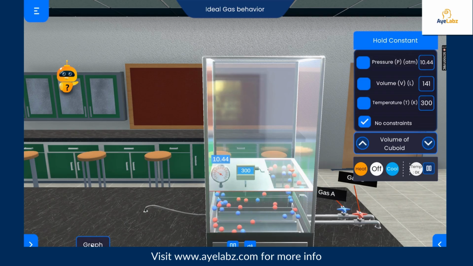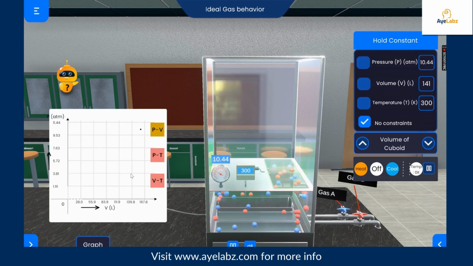By clicking on this graph, it will show you the graph between pressure and volume, pressure and temperature, and volume and temperature. Let's see how this graph works. I'm keeping it in no constraint mode and I'm trying to change the temperature now.